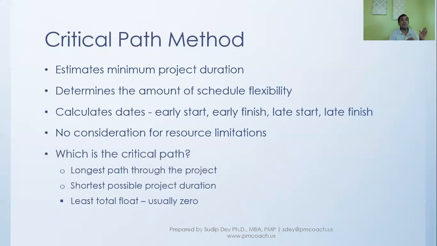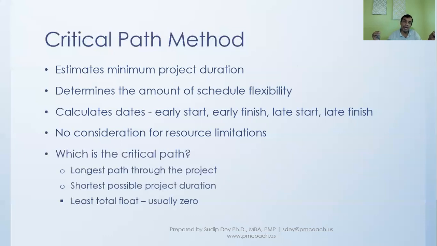And again, because this is the longest path, there will likely be no float, because we want to finish this project as early as possible, but we are stuck because of this path. Typically it is the longest path because of all the activities in this path and the way they need to be sequenced, we cannot shorten it anymore.